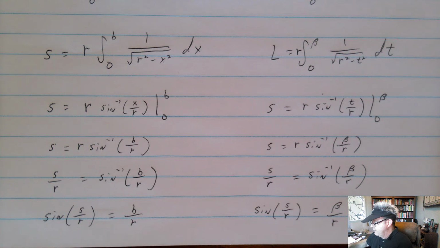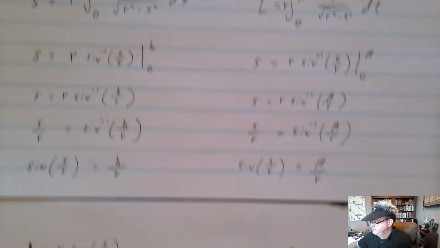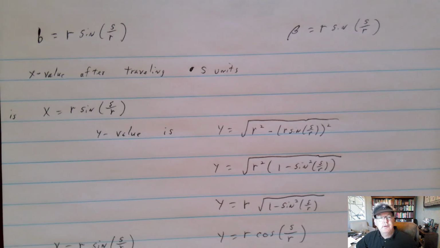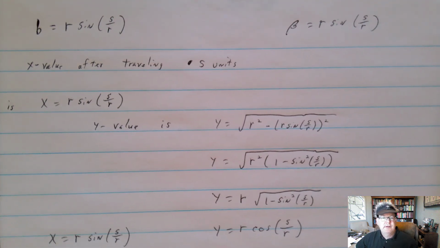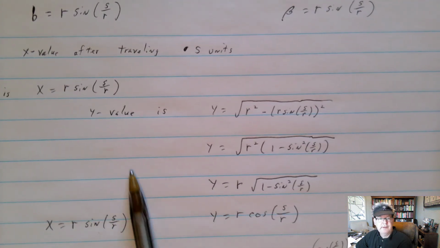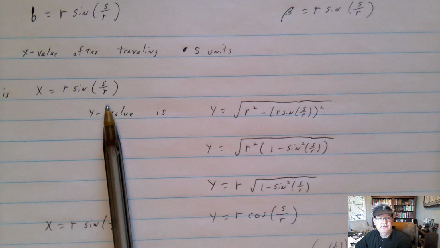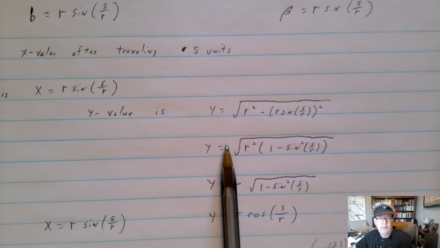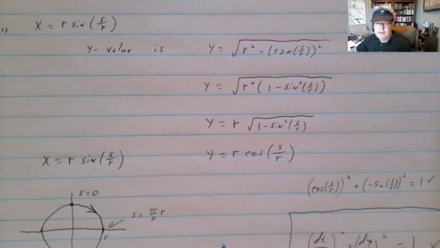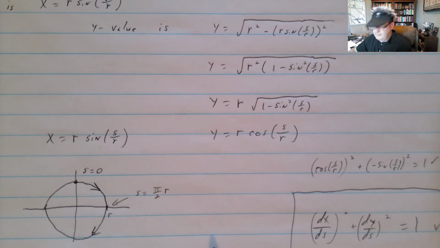But we get the familiar sine and cosine. It's normalized so that the speed is 1, right? So once I got my x value, then I can get the y value. I didn't really slow down for the work there, but you can do it.